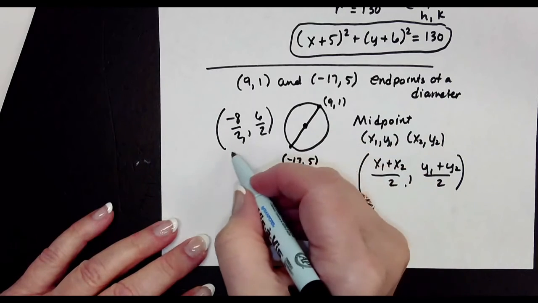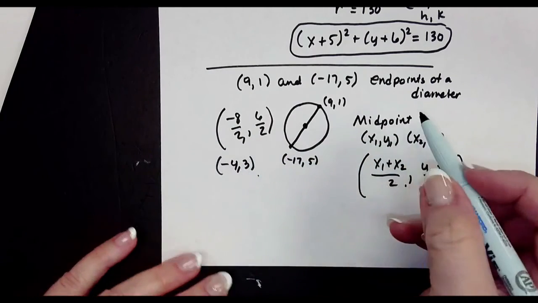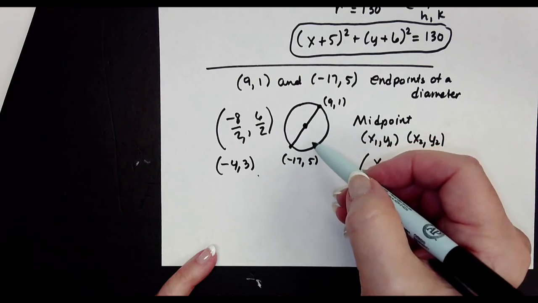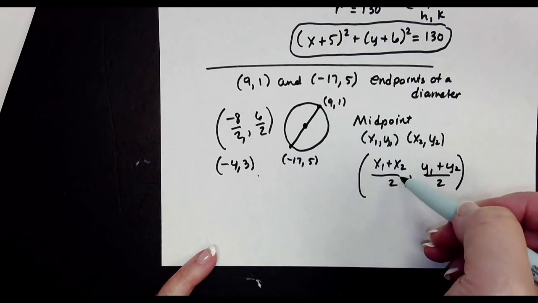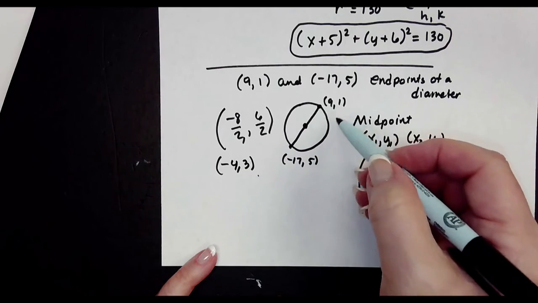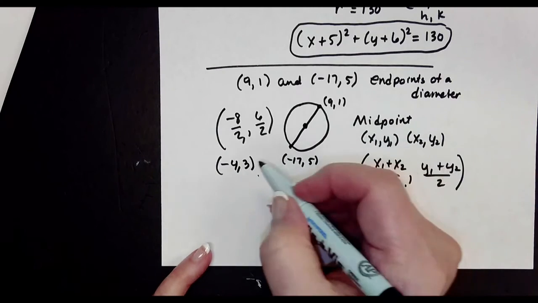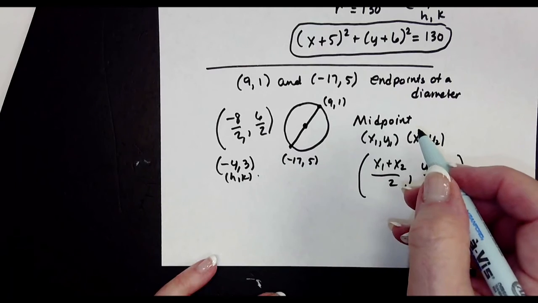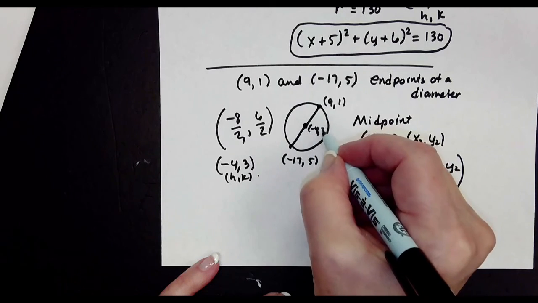So I have negative 4, comma 3. All right, let's check ourselves again. 17 and 9 subtracted is going to give me 8. Negative 8 divided by 2. There's my divided by 2. 1 plus 5 gives me 6. 6 divided by 2 gives me 3. So this is my h and my k. Now, I need something besides just my h and my k. So this is my negative 4, 3.